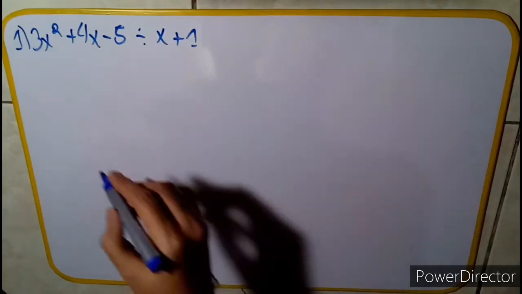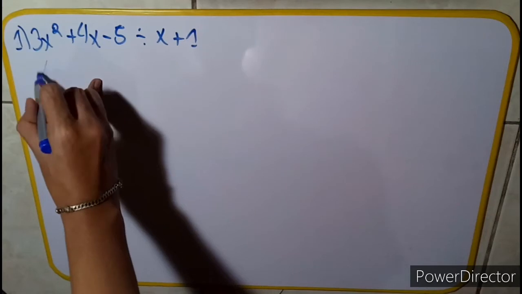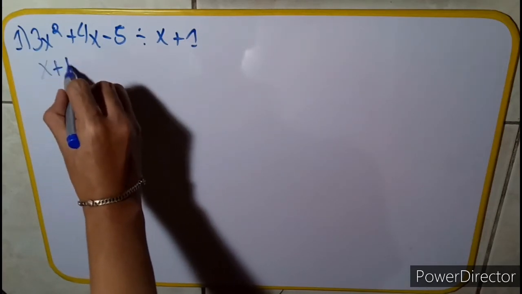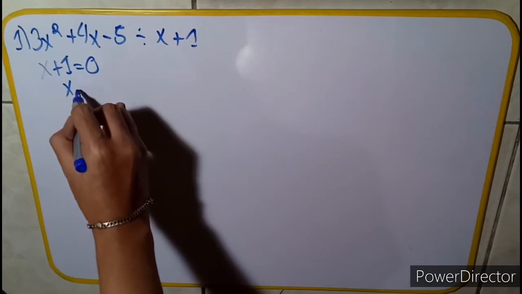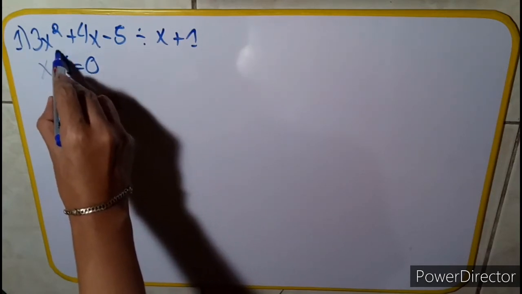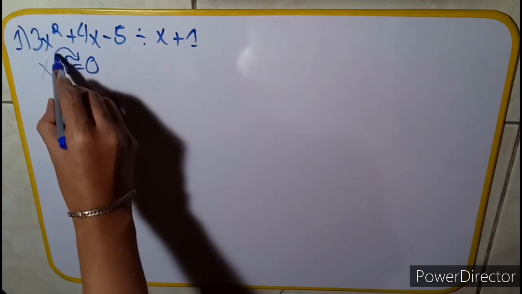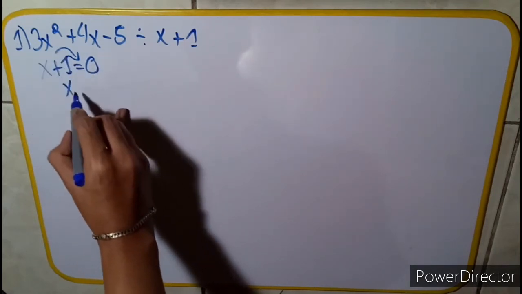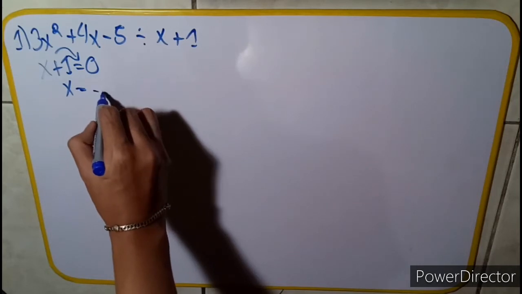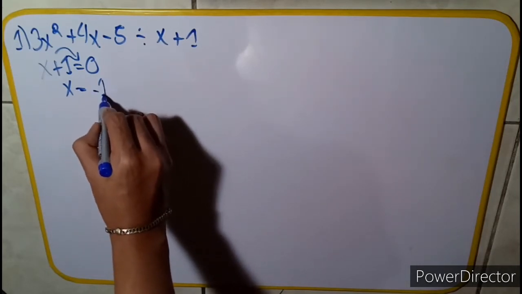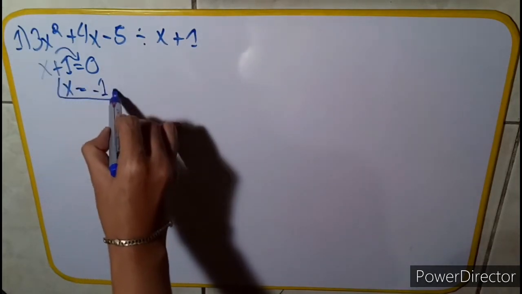The first thing to do is to identify the divisor. Then reverse the sign of the constant term. The x plus 1 equals 0 will be x equals negative 1. This is our new divisor.